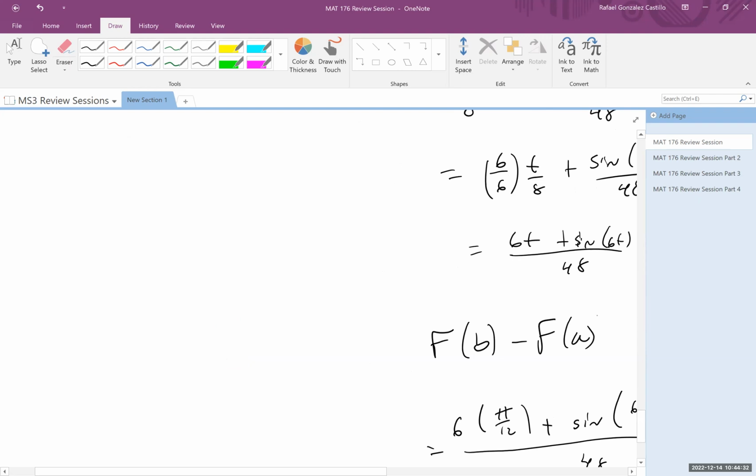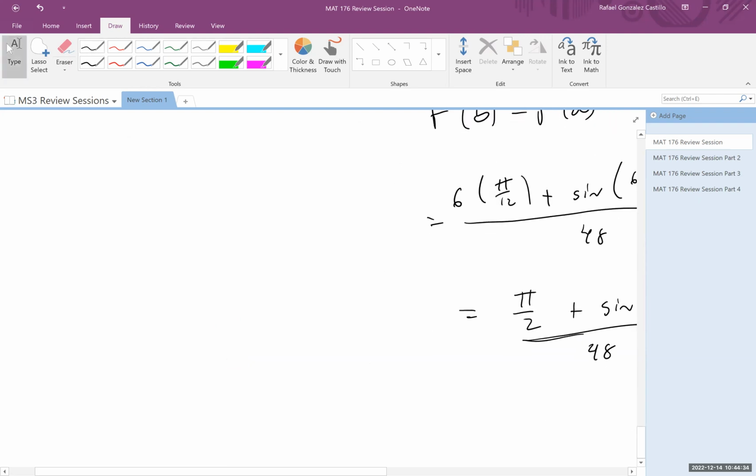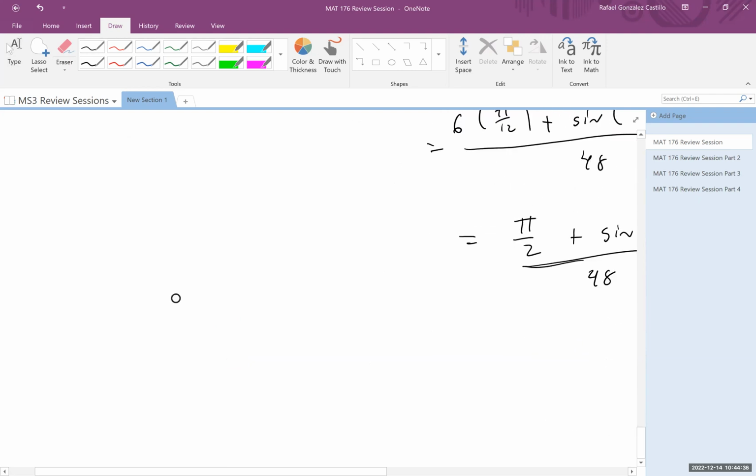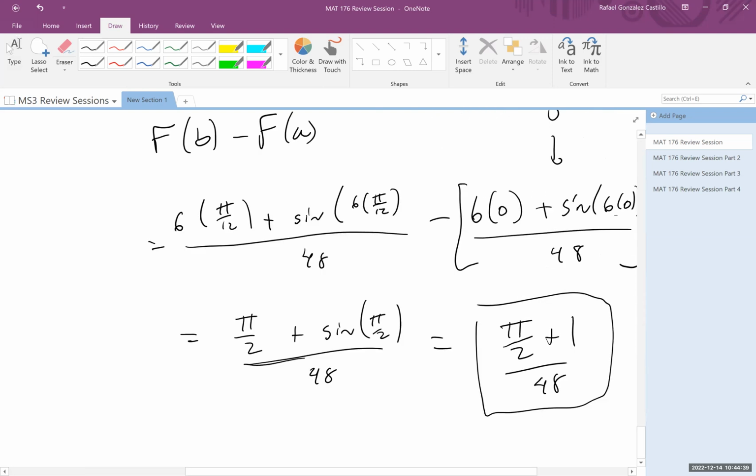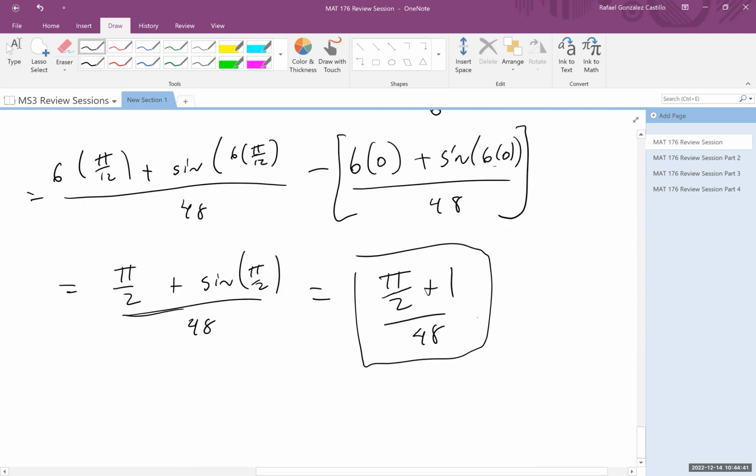And like I said, you could simplify this a little bit more. The final answer, which I have all the way to the right here. You could combine the fraction and then use the keep change flip method to simplify this more. You could do pi over 2 plus 2 over 2 over 48.